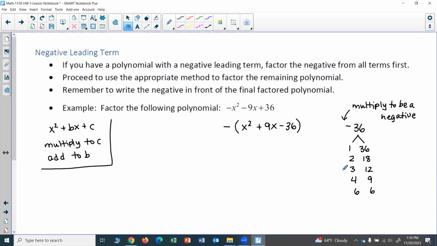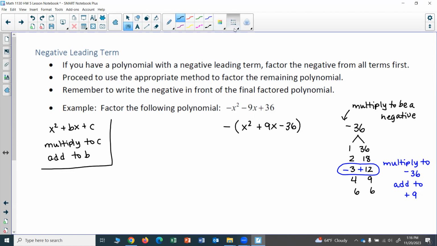So for example, if I did a negative 3 and a positive 12, those multiply to be the negative 36 because it's a negative times a positive, and they add to be a positive 9, which is the b.